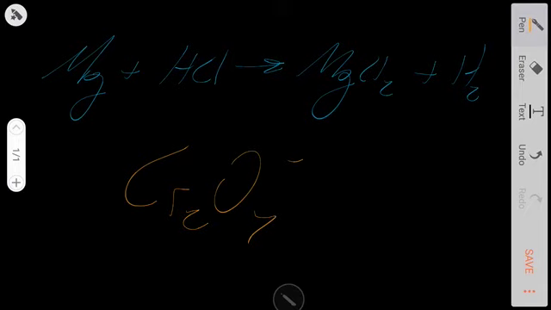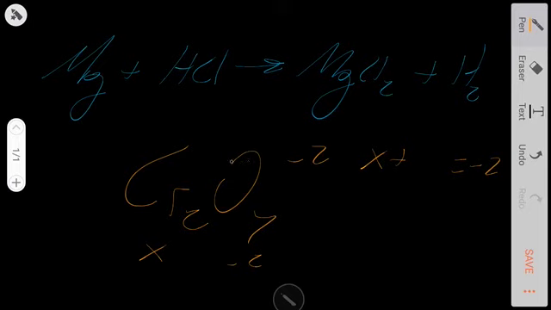Because oxygen is always -2. And in fact, I think this is a -2 charge. But oxygen is always -2. Chromium, I don't know. That's going to be my X, I guess you could say. But I've got 2 of them. And the overall charge on this is -2. So we're going to have X plus something equals -2.